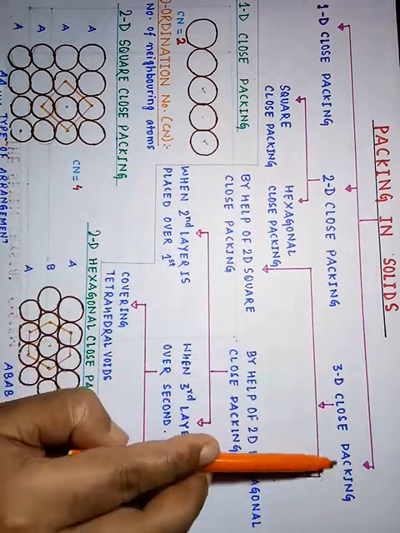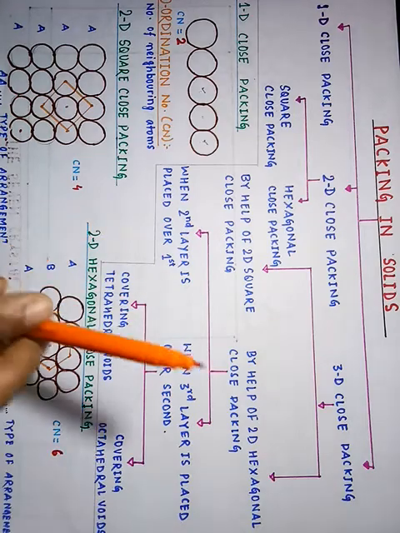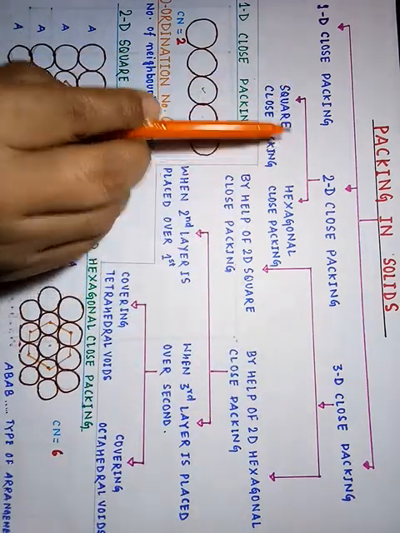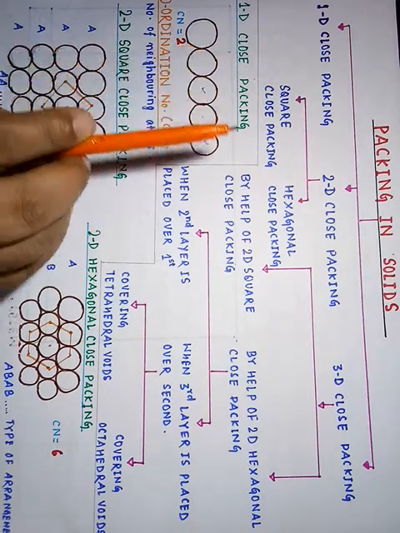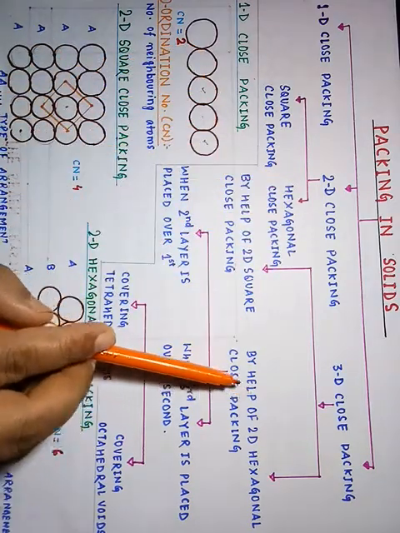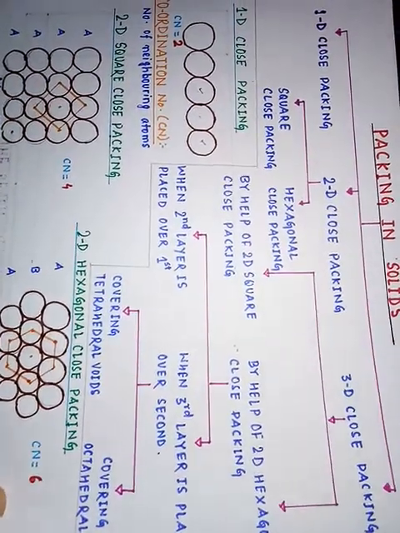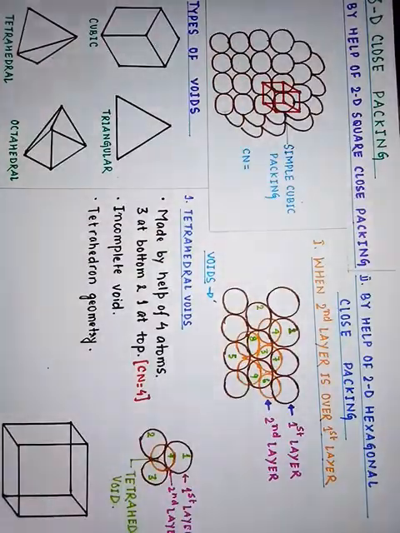Now let us go through 3-dimensional close packing, where we will take help of first 2D square close packing and then 2D hexagonal close packing. So let us have a discussion over it. This is three-dimensional close packing, 3D close packing.